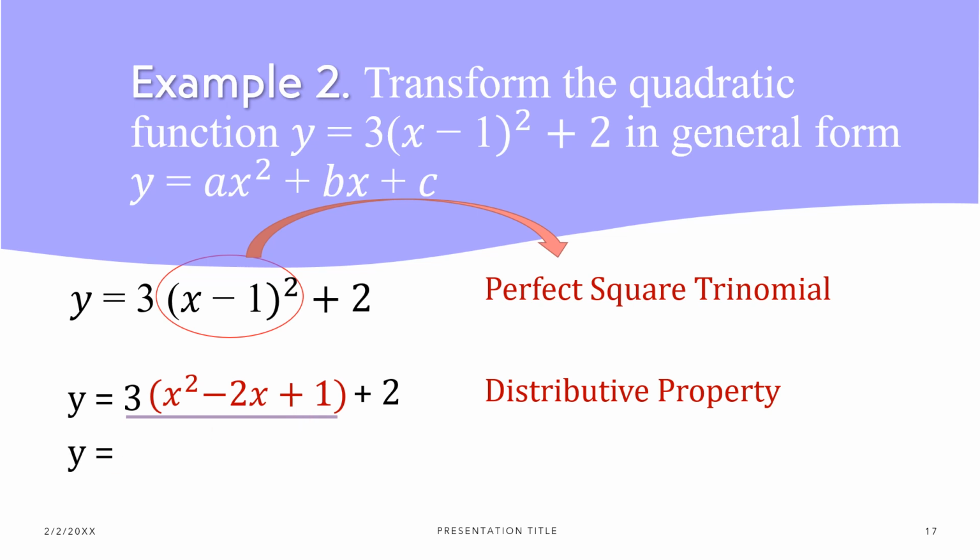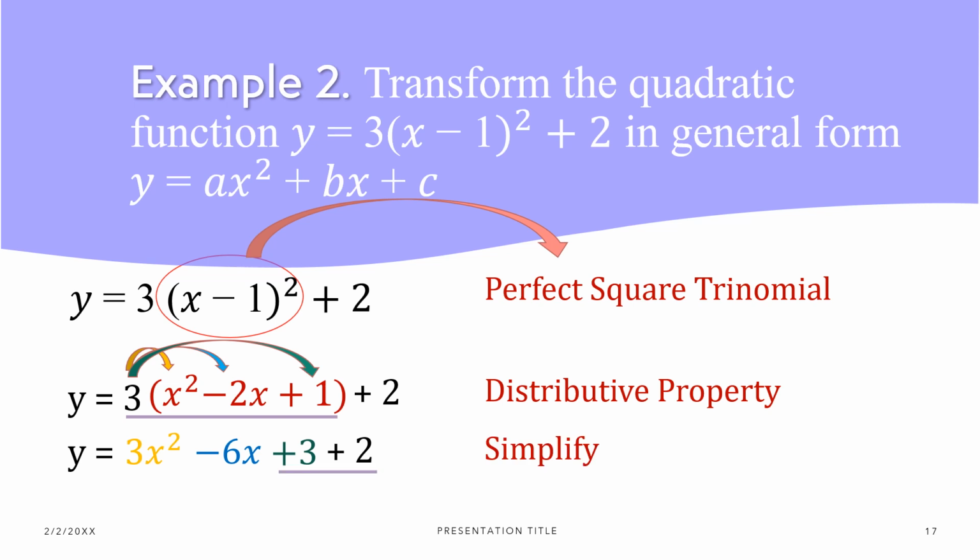Let's start. y is equal to 3 times x squared, 3x squared. 3 times negative 2, negative 6x. 3 times 1, positive 3. Then copy plus 2. Then, we simplify the constant. So, y is equal to 3x squared minus 6x plus 5 is our final answer.